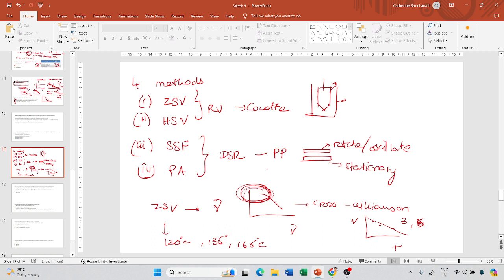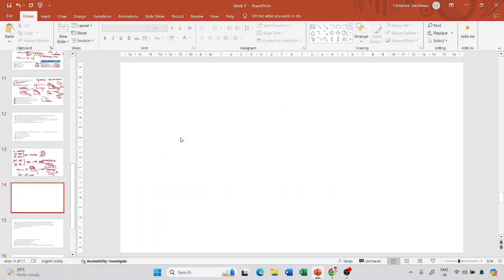So when I said that I have to find out the zero shear viscosity, I fit a Cross model and find out the viscosity corresponding to a shear rate of 0.001 second inverse, okay. So I will not simply take the zero shear viscosity, I will find the viscosity corresponding to a shear rate of 0.001 second inverse. Since the shear rate is very low, they are considering it as zero shear viscosity.